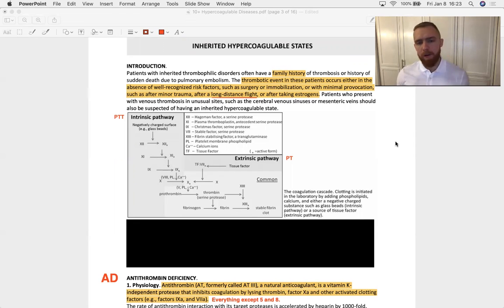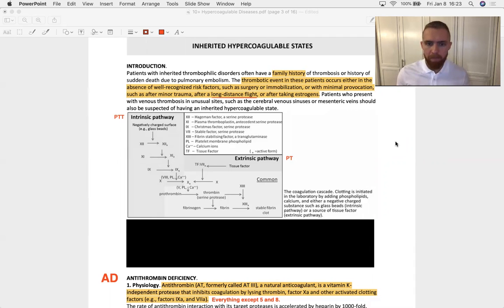Understand that when we're talking about forming a clot, first thing that happens always is a platelet plug. Second thing that happens after that always is the coagulation cascade, which throws fibrin on top of the platelet plug, cross-links it up, and stabilizes it. So everything you see in this image is occurring after platelets have done all their work.